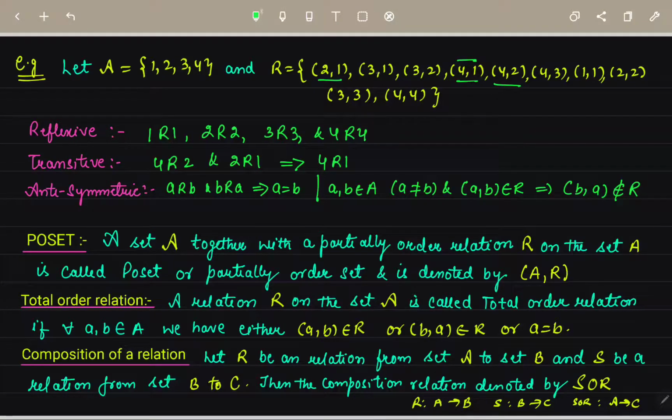If I take this ordered pair, 3 is related to 1, this implies that 1 is not related to 3, because the ordered pair (1, 3) does not belong to this R. So from here also we get that 1 is not equal to 3. So hence this is also anti-symmetric. This example satisfies all the three properties and hence R is a partial order relation.